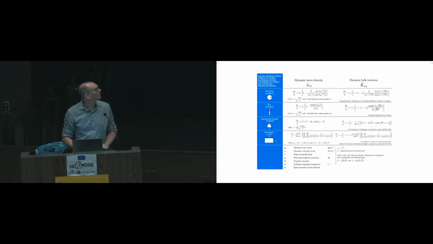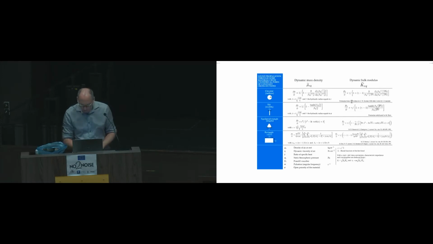I just show you what's going on for a circular perforation, so cylinders with a circular cross section. We have an expression of rho, which is this one, and an expression of the bulk modulus, which is this one. I'll put the reference.